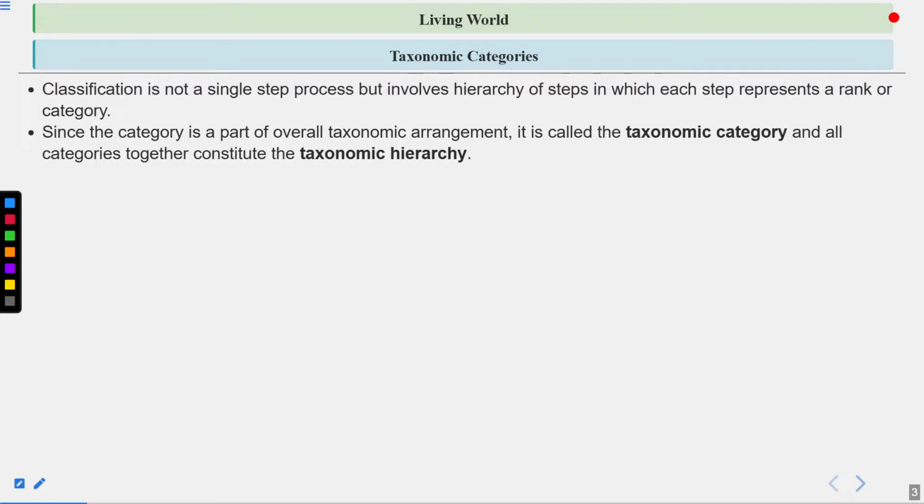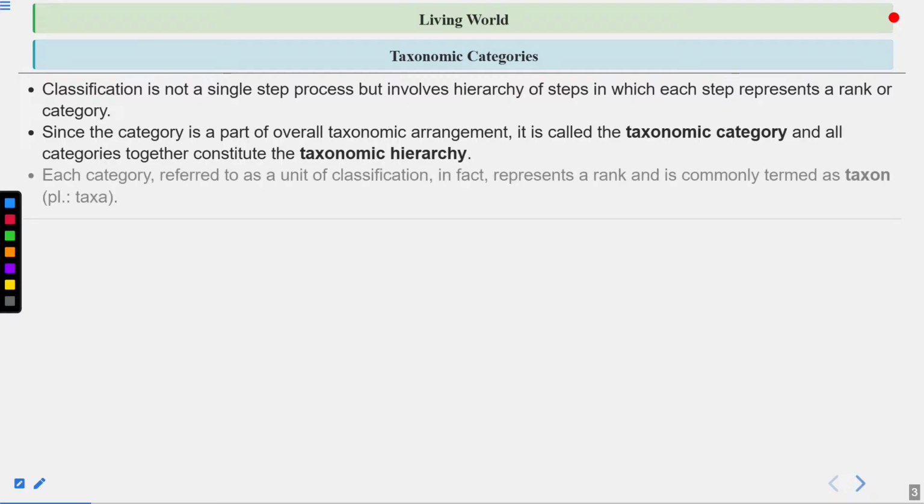Hierarchy means there is a rank system. The levels are different. Now each category is referred to as a unit of classification, in fact represents a rank, and is commonly termed a taxon. So what is the scientific name of these categories? These categories are known as taxon. This is the scientific name given to these taxonomic categories.